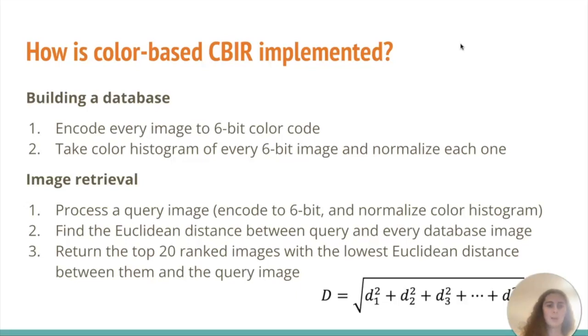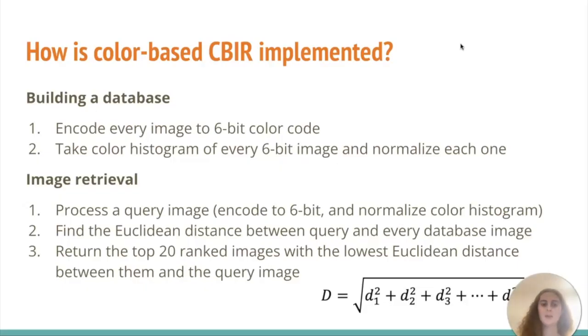Once you have the query image processed like that, you can find the Euclidean distance between the query image and every image in your database, which essentially follows comparing the intensities in each of the query image's histogram bins and every database image's histogram bins, finding the differences, squaring all the differences, adding them together, and taking the square root, the equation that's shown on the screen.